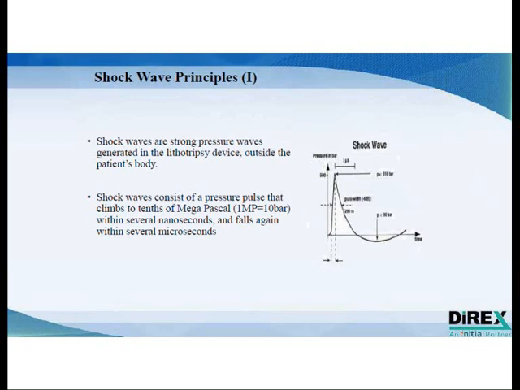So as you can see, it's a very, very fast and very strong wave. The pressure for this kind of shockwave varies anywhere from 300 to 1500 bars, depending on the technology that you're using.